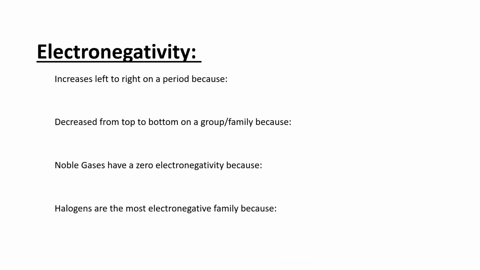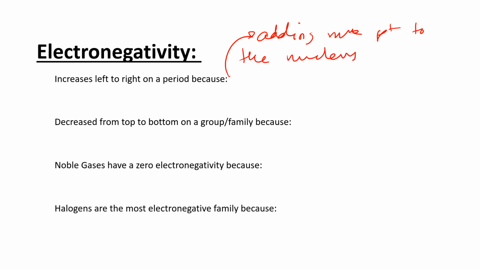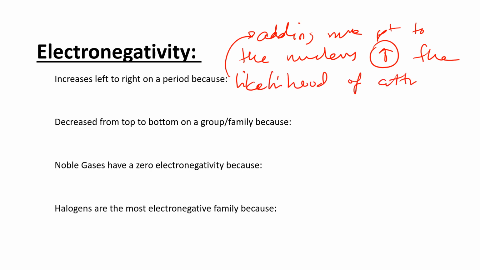Electronegativity, I won't do all of these. Electronegativity increases from left to right on a period because adding more protons to the nucleus increases the likelihood of attracting an electron.